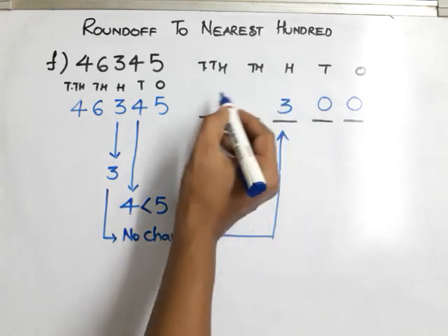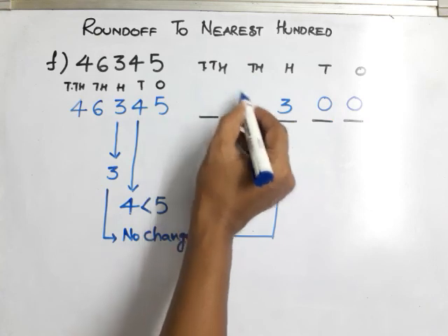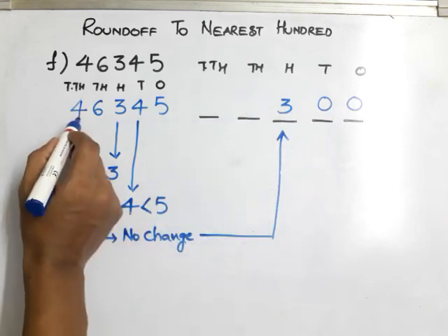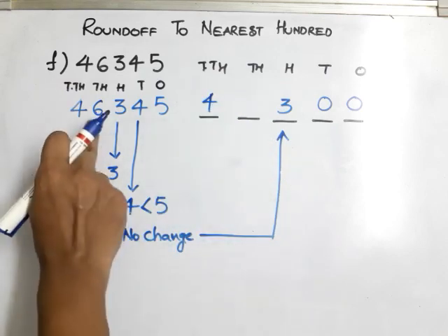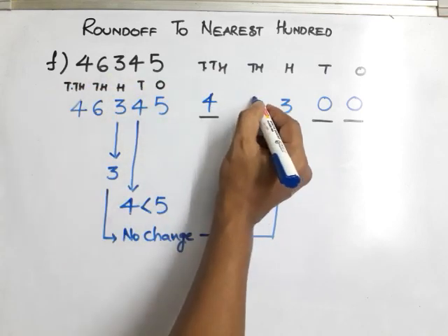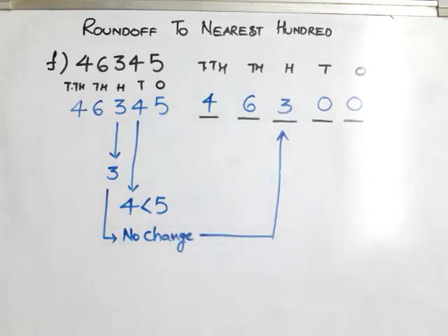Now what do we do with the digits in thousands and 10,000s place? The same digit in 10,000s place and the same digit in thousands place will be retained.